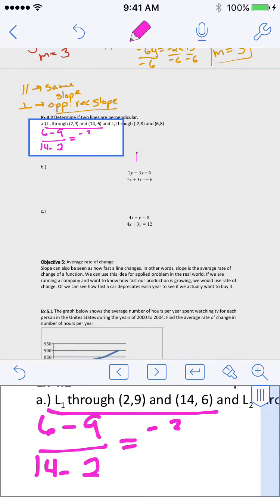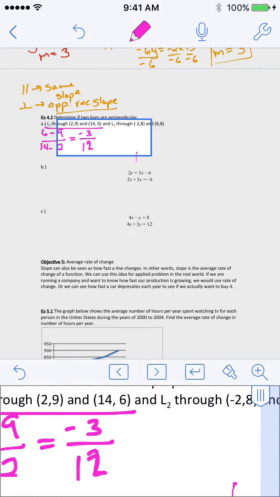I end up with minus 3 over 7. I'm so sorry, it's not minus 7. Silly Miss K, that's division. This would be over 12. And that does reduce down, I can divide those both by 3. I get negative 1 over 4. Fabulous.